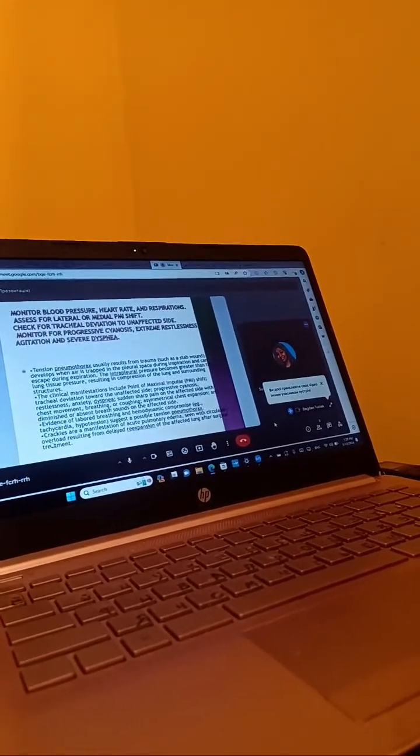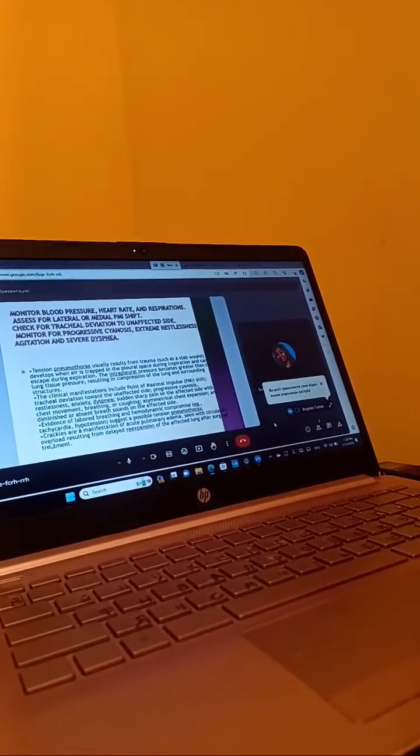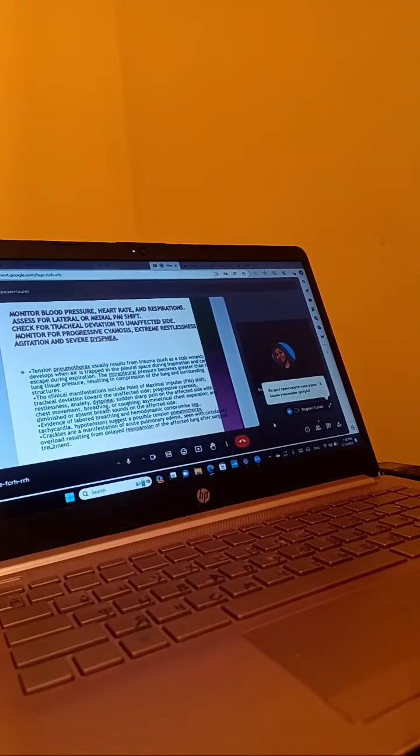Tension pneumothorax usually results from trauma, such as a stab wound, and develops when air is trapped in the pleural space during inspiration and cannot escape during expiration.